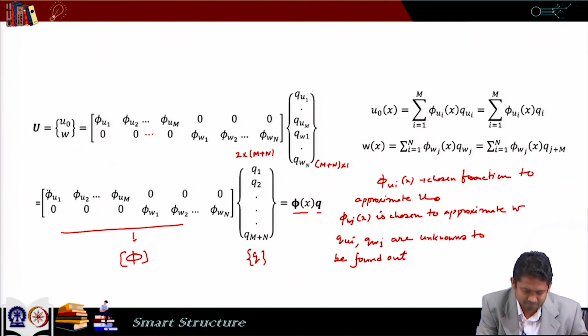So, we may like to call this our phi 1 vector, and we can go on.